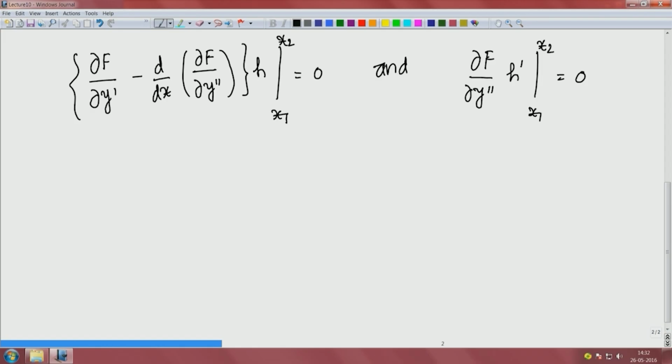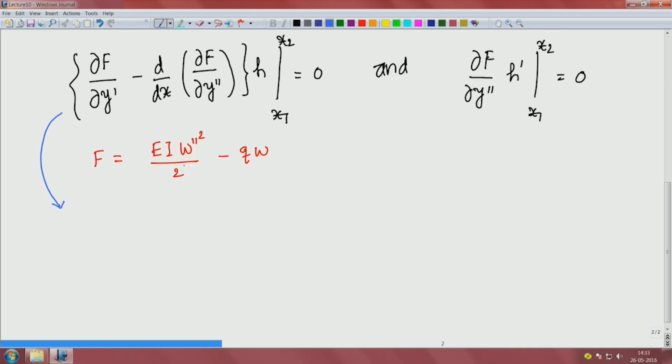Okay. Now, again let us see what f is for this problem. F is, and instead of y we will have w in this problem, that is EI w double prime squared by 2 minus q w, right. Based on that, let us write this boundary condition.